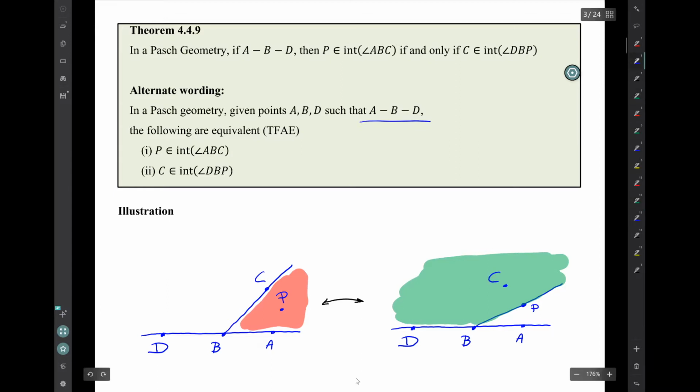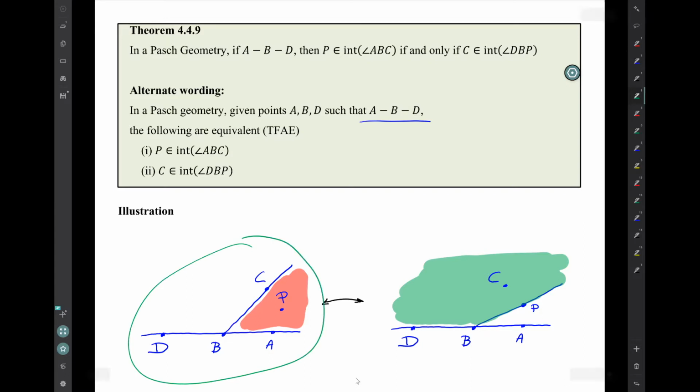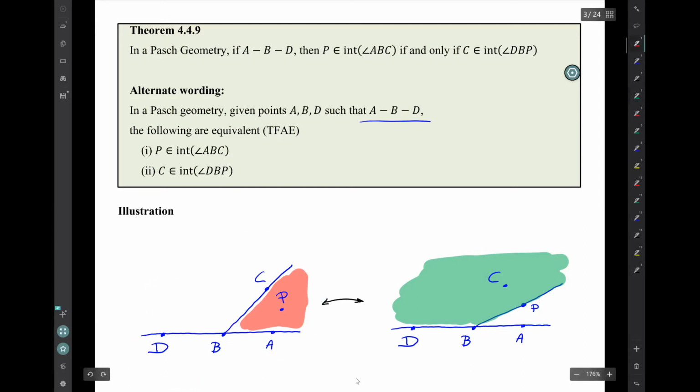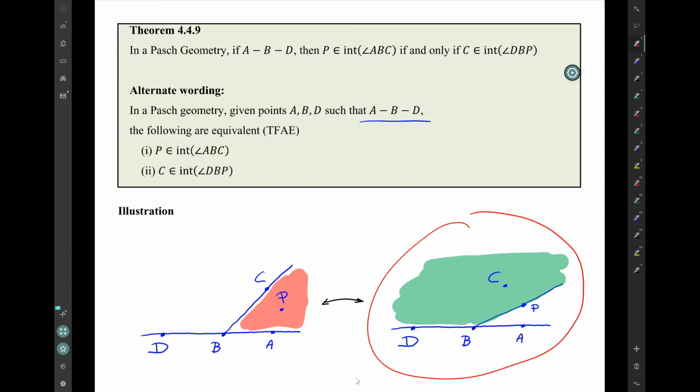So on the left, I have a drawing of statement 1. P is in the interior of angle ABC. On the right, I have a drawing of statement 2. C is in the interior of angle DBP.